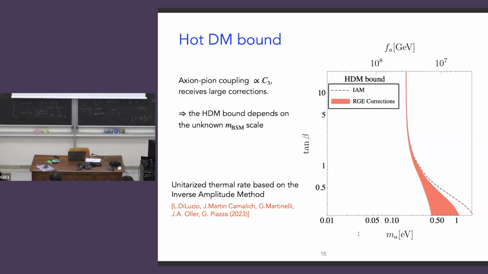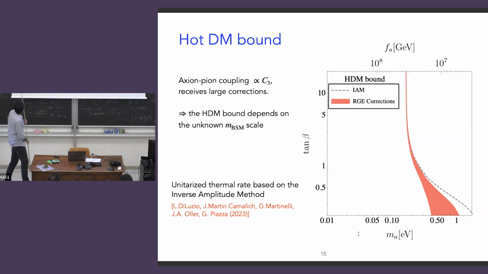I think you wrote that maybe you need to rely on coupling to leptons or something, because at low tan beta the coupling to pions may be negligible, but now we're saying it's not so negligible, so maybe this should be reconsidered. They didn't reconsider it, so I don't know if it's negligible or not, but it could be.